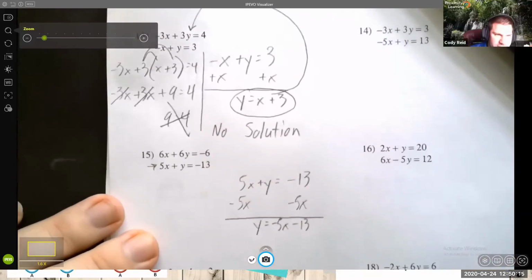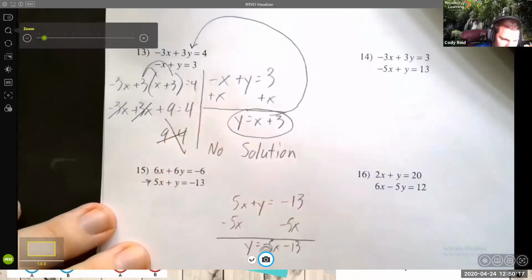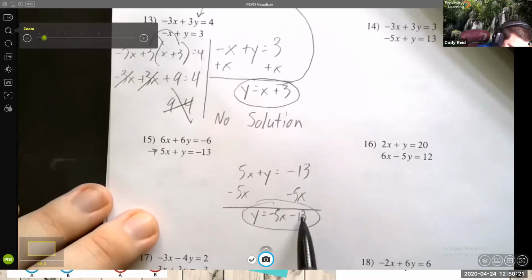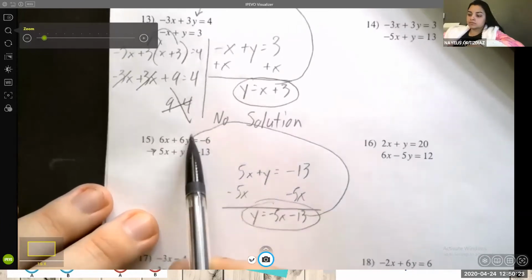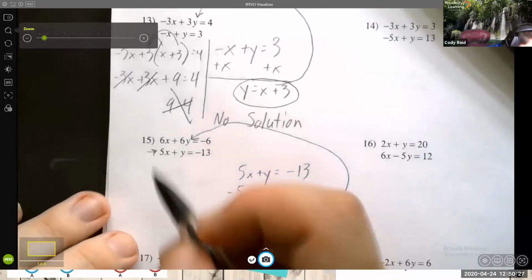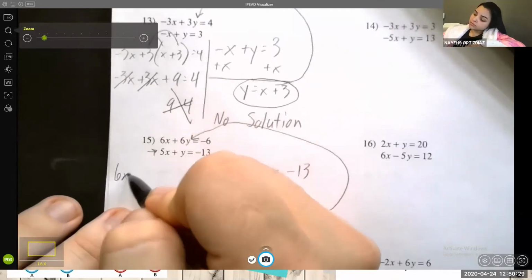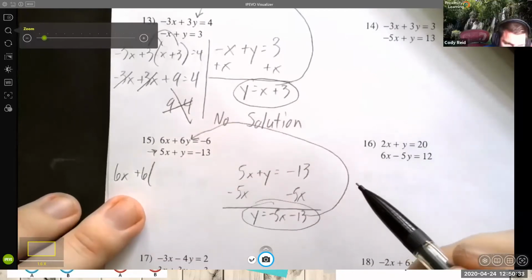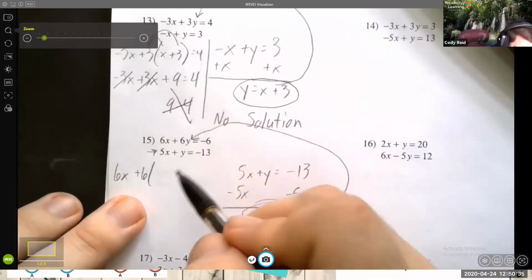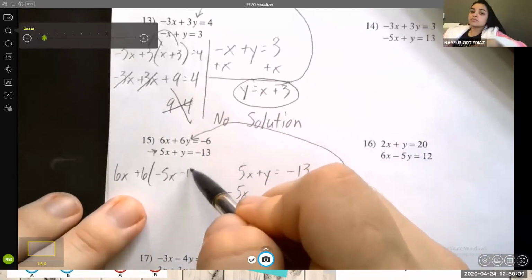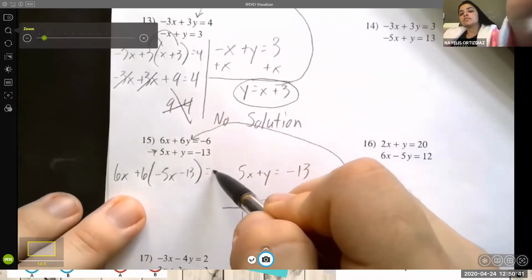And just like I did with this problem, I'm going to substitute it right there. So instead of writing 6y, I'm going to write 6 times negative 5x minus 13 equals negative 6.